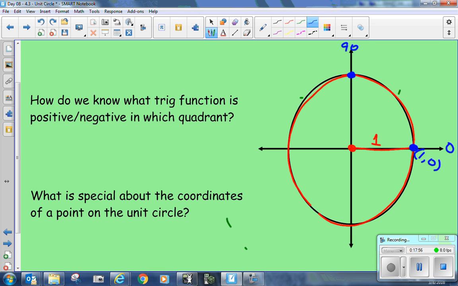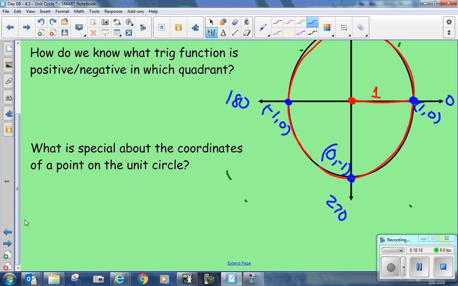So at 180 degrees, what would this coordinate be? Negative 1, 0. And at 270 degrees, what is this coordinate? 0, comma, negative 1.